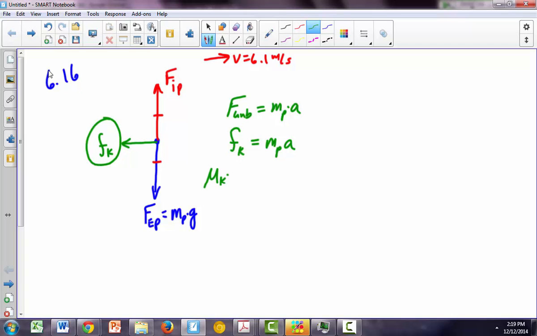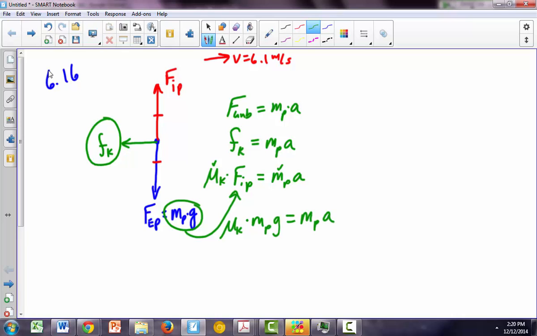Mu k times the normal force, the force of the ice on the puck, equals the mass of the puck times A. They gave us mu k. The normal force, I have to use the relationship with gravity to solve for that, since those two are equal. Mu k times mass of the puck times g equals mass of the puck times A.